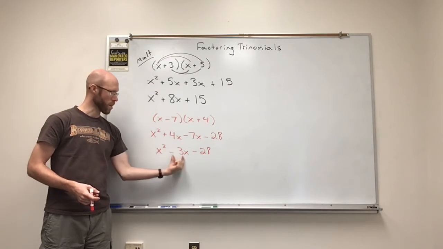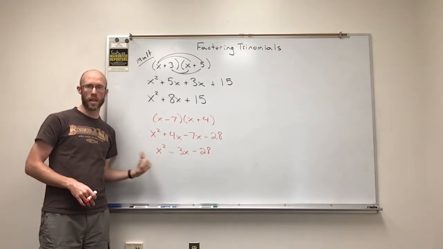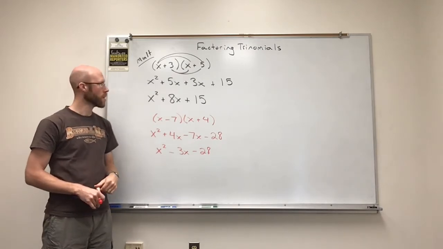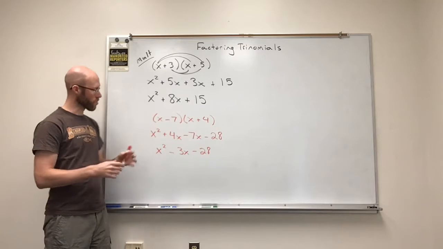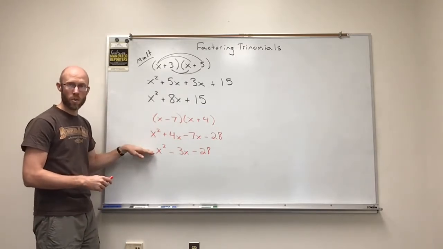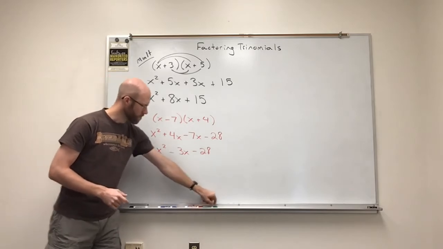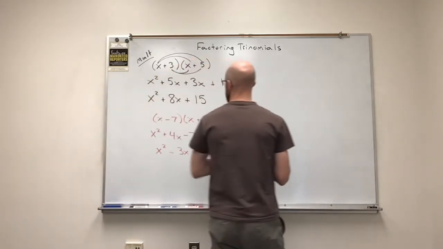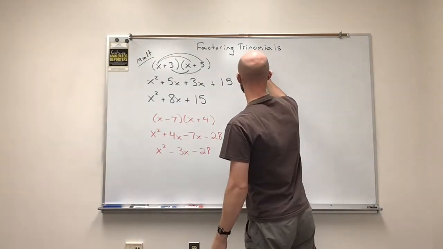So always the sum in the middle, the product on the end, and 1 as the leading coefficient, okay? And if you remember that pattern, then you can go through and factor these really in one easy step, okay? So let's take a look at now factoring instead of multiplying.